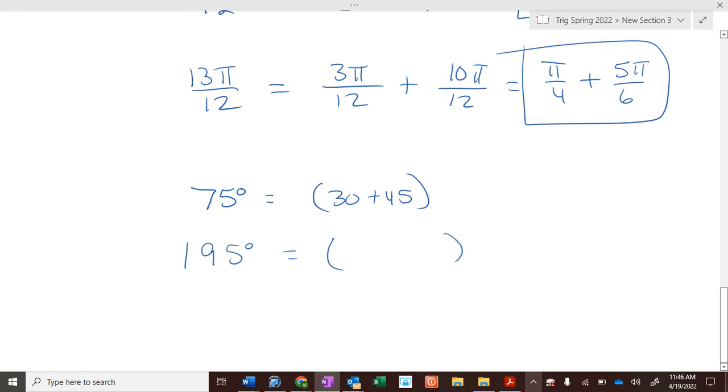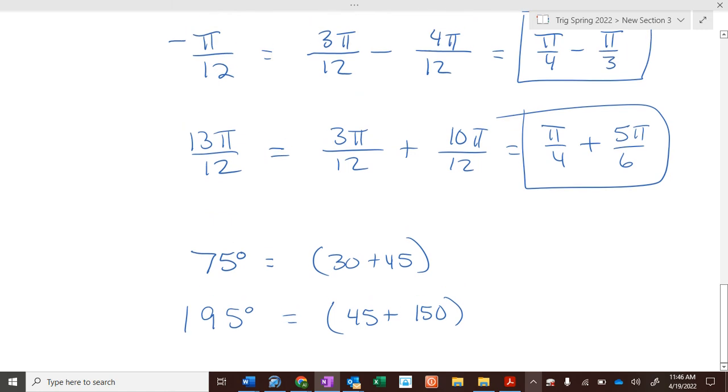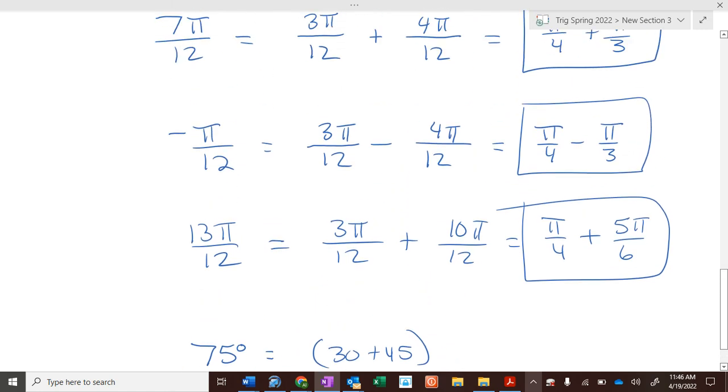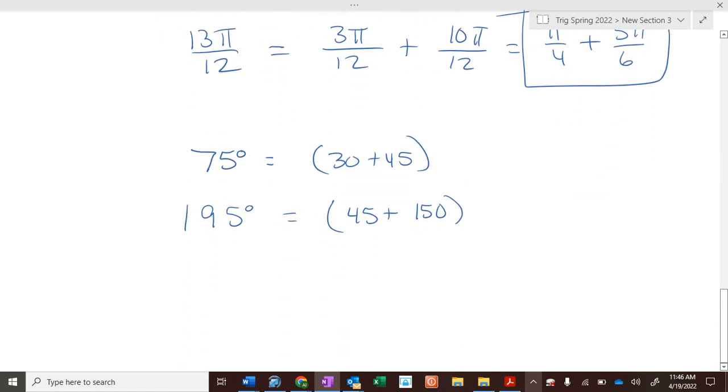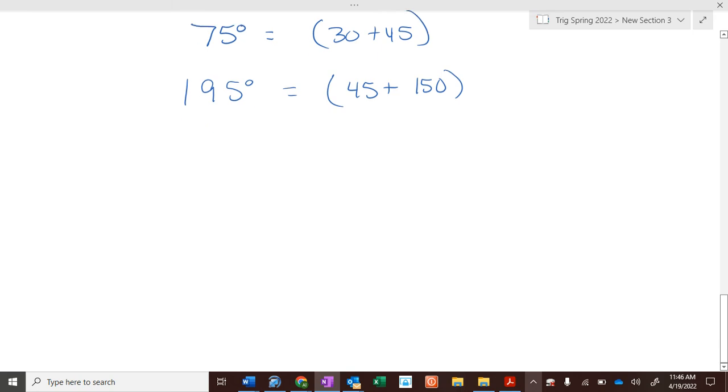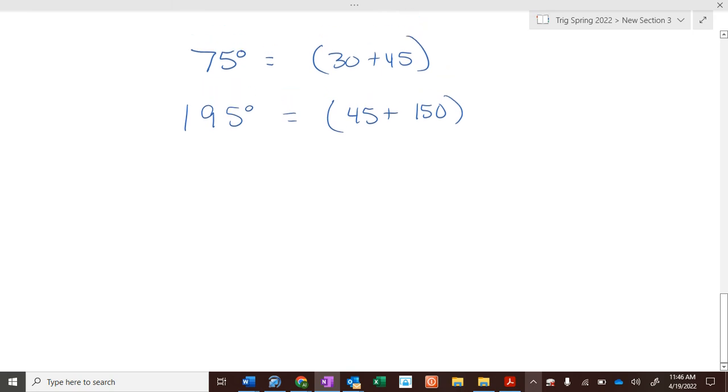I want just degrees, plain degrees on this one. 45 and 150. Okay. Easy peasy lemon squeezy, right? When you have degrees. It's where people get stuck a little bit more is when you have, you know, the radians.